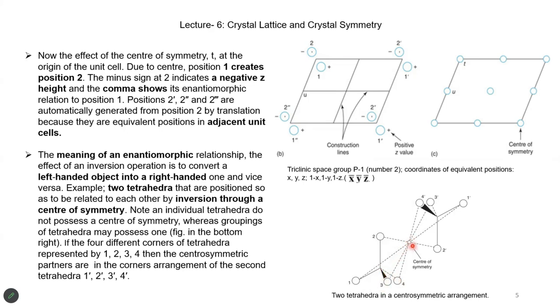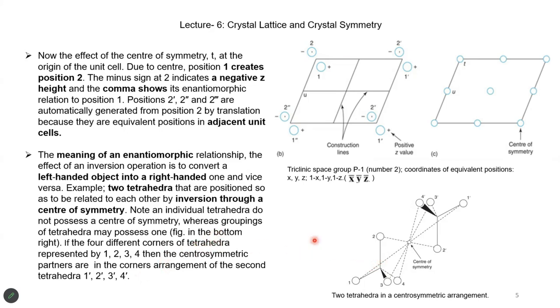When we have a center of symmetry, we create these 4 corners like this. So if this is the right-handed system, this will be the left-handed system. So I am now talking about the enantiomorphic relationship. The effect of the inversion operation is to convert a left-handed object into a right-handed object or vice versa. That's what I explained here.